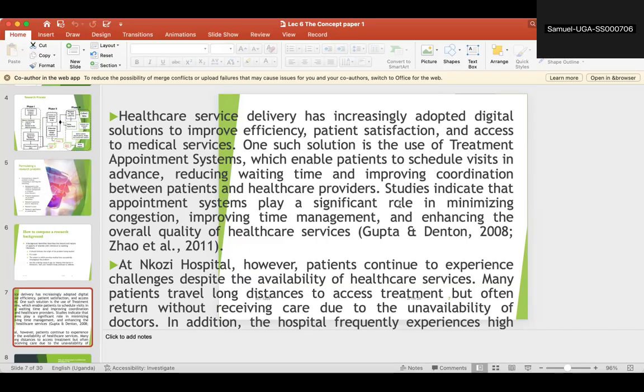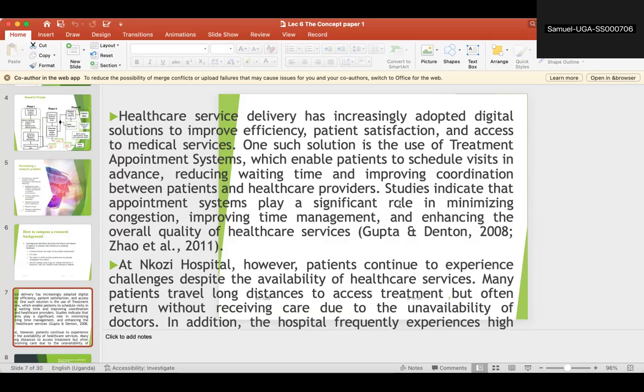For the reason that they improve efficiency, patient satisfaction, and access to medical services. So meaning that indeed, this is a good area to investigate, because of the good things that come with digital solutions in that area. Continue.